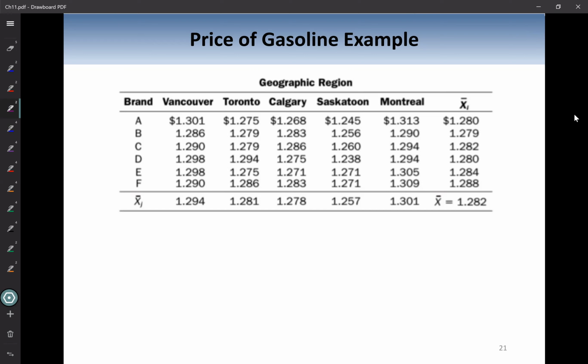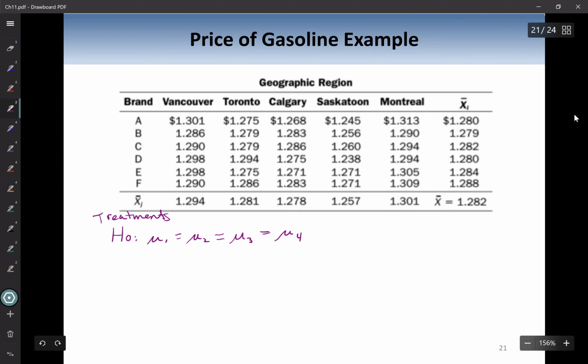So if we're setting up the null hypothesis for the treatments, that's the cities, there's 5 cities, we would have the true average. So mu 1 would be Vancouver, 2 would be Toronto, 3 would be Calgary, 4 Saskatoon, and 5 Montreal.